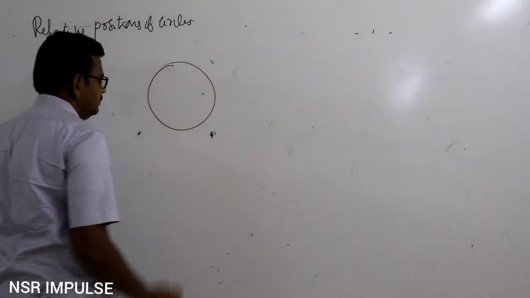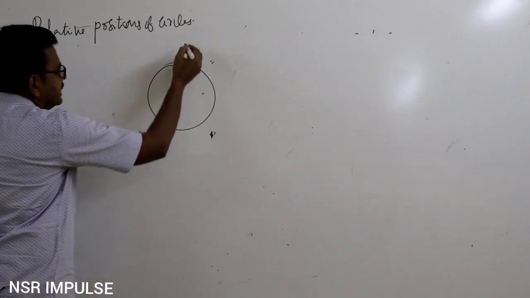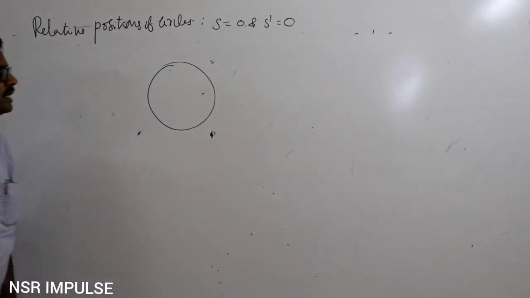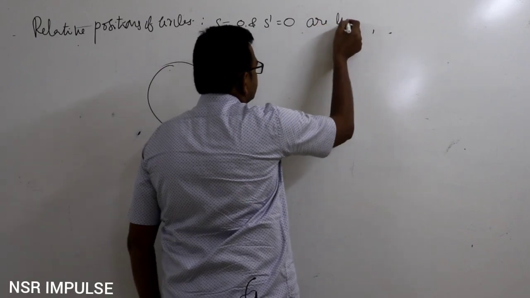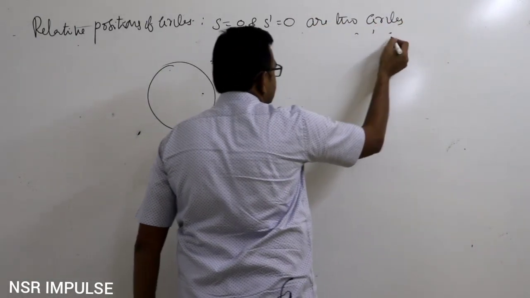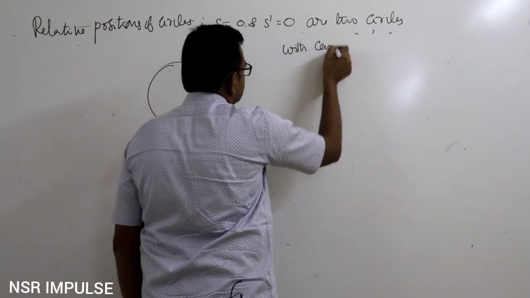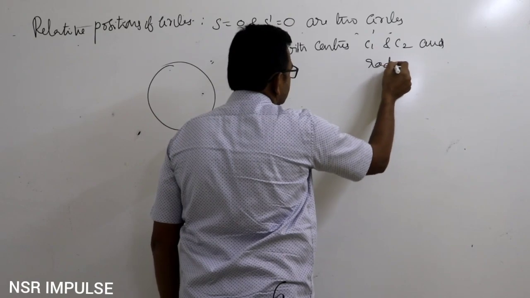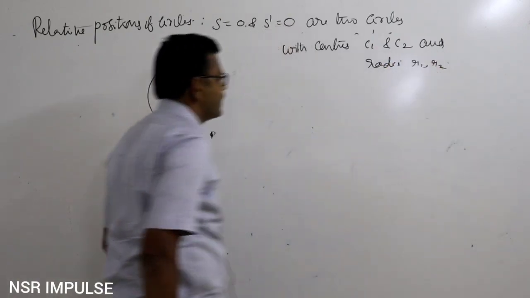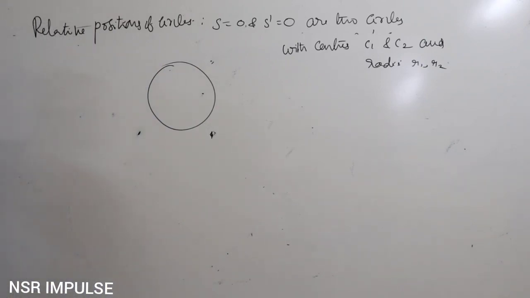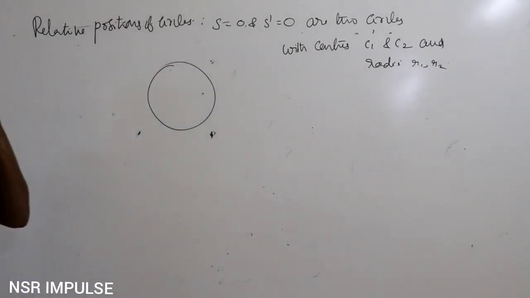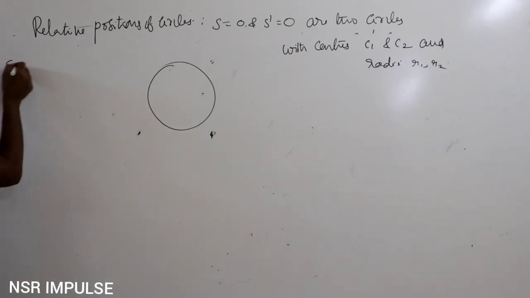Here, let S equal to 0 and S dash equal to 0 be two circles with centers C1 and C2 and radii R1, R2.